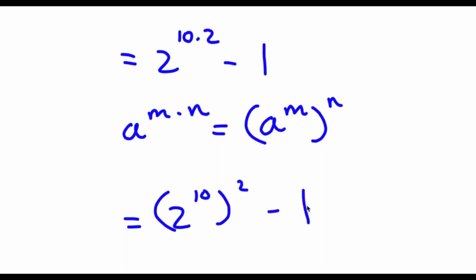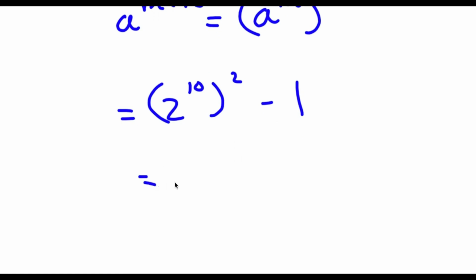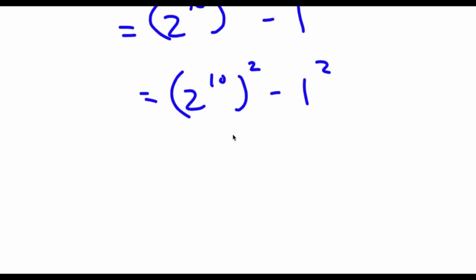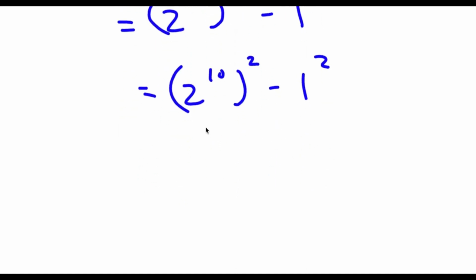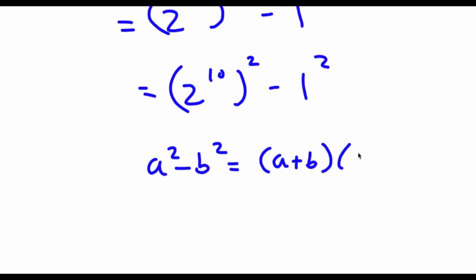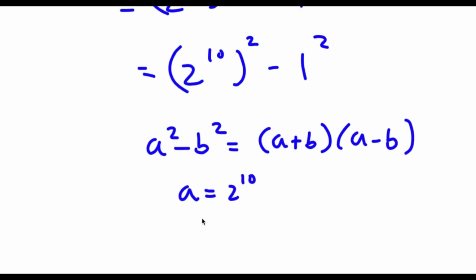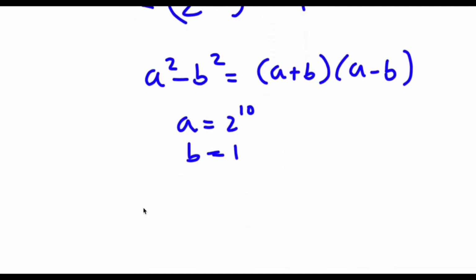Now I have this minus 1. So now 1 here, this is the same thing as 1 squared. And if I have something in the form a squared minus b squared, this is equal to a plus b times a minus b. So in this case, a is equal to 2 to the power of 10, and b is equal to 1. So I have 2 to the power of 10 plus 1 times 2 to the power of 10 minus 1.